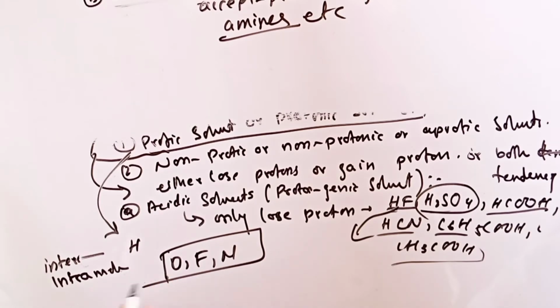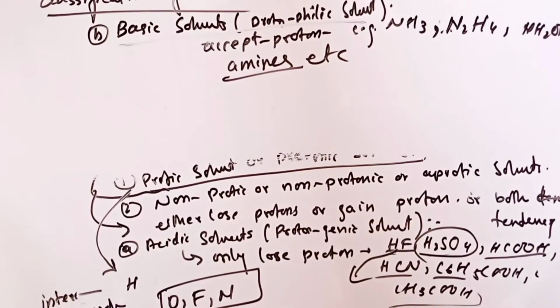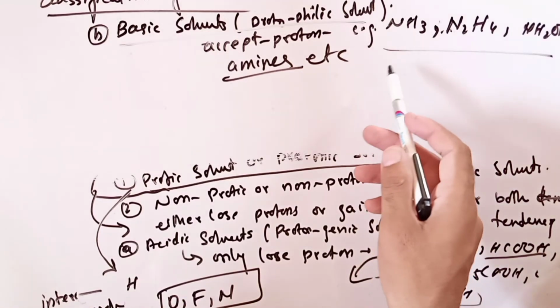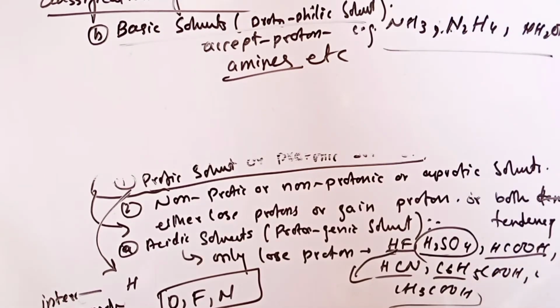According to the definition I told you, those solvents whose molecules contain oxygen, fluorine or nitrogen act as protic solvents. Here, in all these cases nitrogen is present, and nitrogen, fluorine and oxygen are part of the definition of protic solvents. So you can differentiate them as polar protic solvents.